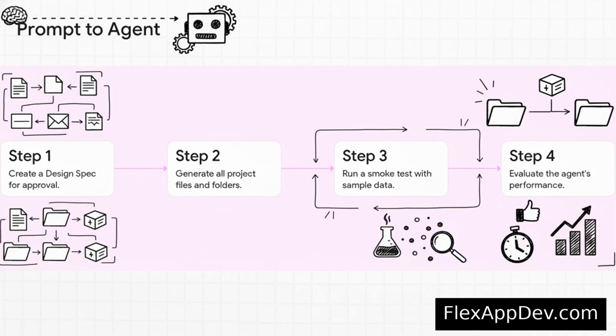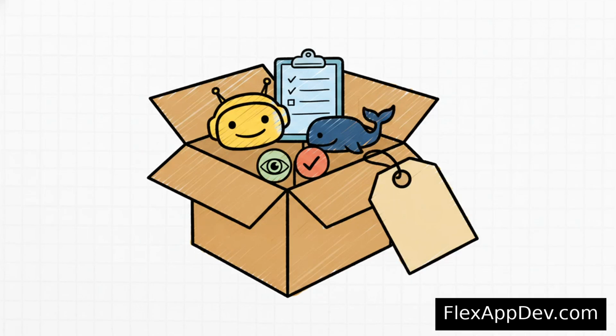Then, get this, it created its own test data to run a quick smoke test before doing a full performance check, all by itself. And the end result of that one simple sentence? A fully baked, working AI agent. I mean, everything was there. It had test data, Docker files for deployment, all the observability tools hooked up. It was completely ready for production.